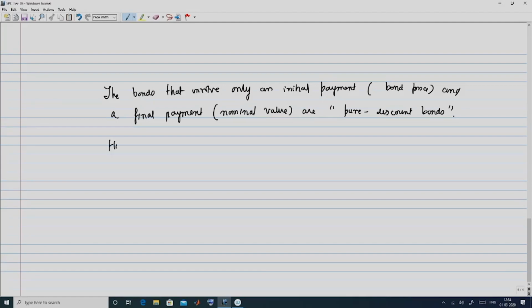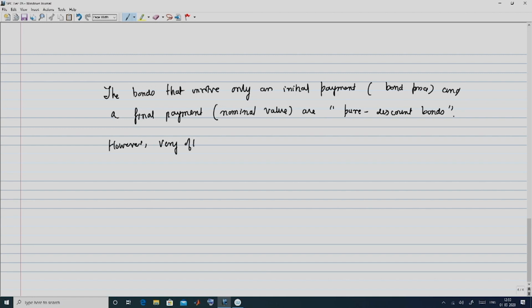However, the thing becomes slightly more involved if instead of just one nominal payment at the maturity, there is a series of payments happening between the time at which you purchase the bond and the maturity. To accommodate that, we introduce another terminology, coupon bonds, and let me elaborate on that.